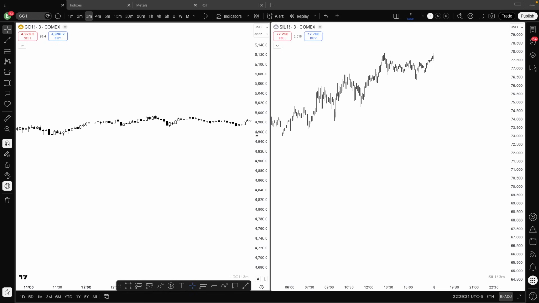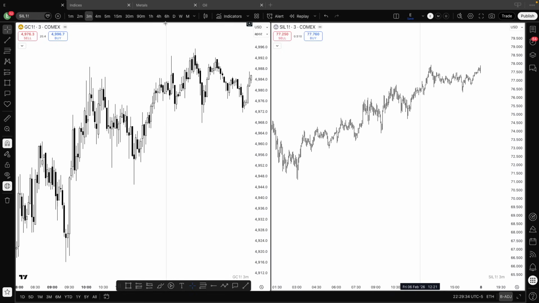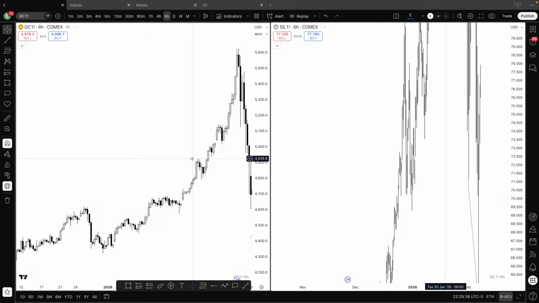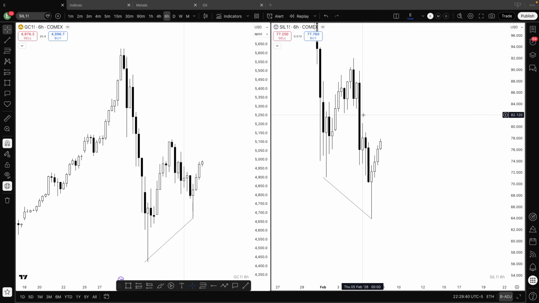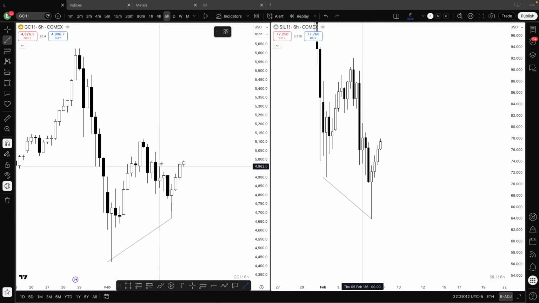And so the other opportunity that you have here is with this 6-hour SMT. If you look, we have a gap in the 6-hour there, and we have a gap fill.